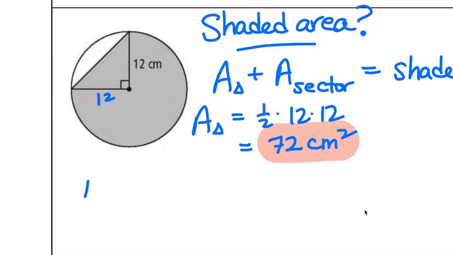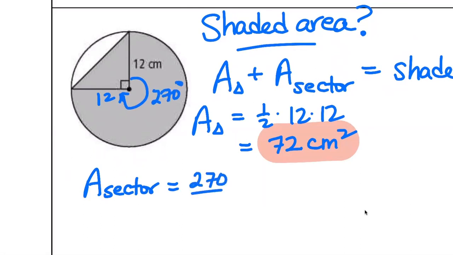Okay, the area of the sector is 3/4 of the circle, right? Because if that's 90, you're not using a quarter of it. That means this is 270 degrees. If you take away the 90, 270, 360. So you don't have to do it this way. You can look at that and just say that's 3/4 of the circle times pi times the radius squared, which is 12 squared.